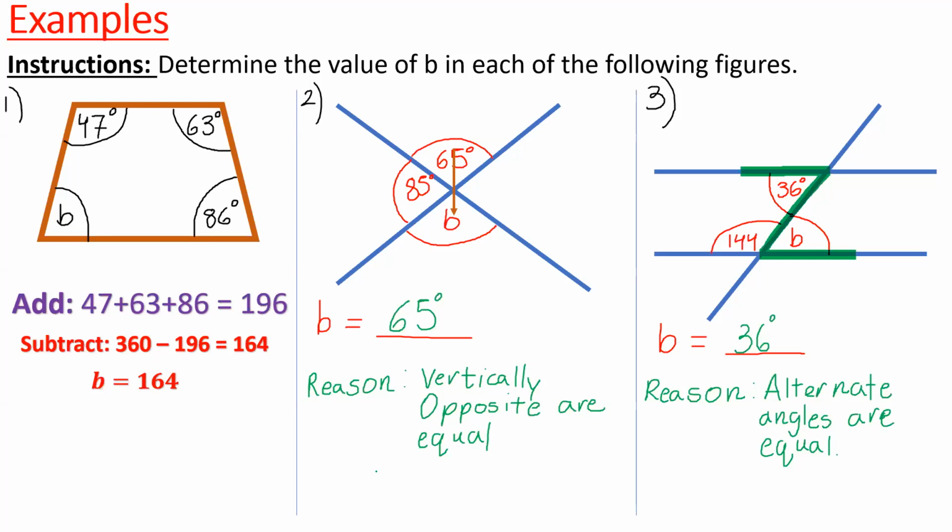Number one, 47 degrees, 63 degrees, 86 degrees, and we have to find the value of B. So we add 47 plus 63 plus 86 equals 196. Subtract 196 from 360 equals 164. Why are we using 360? Angles in a quadrilateral add up to what? 360. Very good.